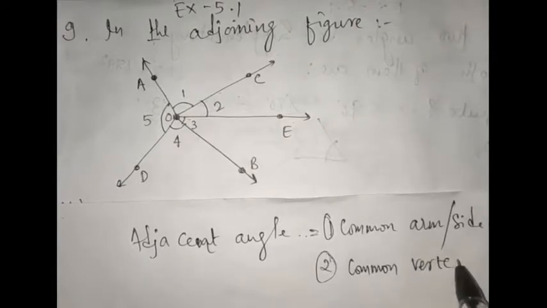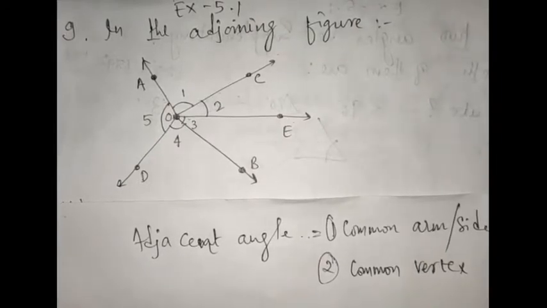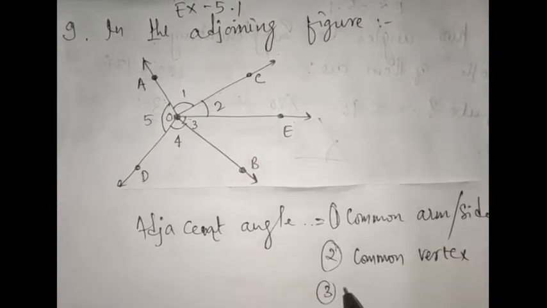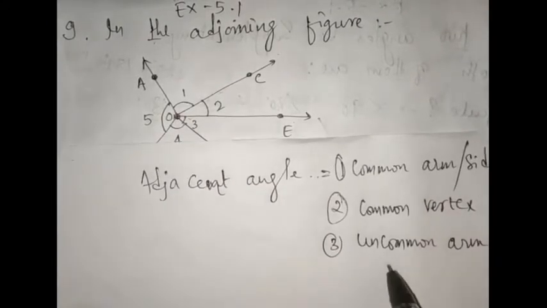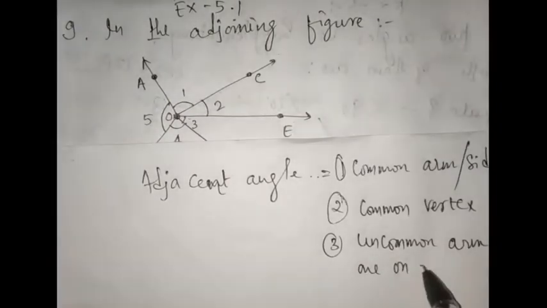I'll show you an example of what a vertex and an arm are. Another important thing to remember is that there are 3 points: the uncommon arms, which are not common to both, are on either side.